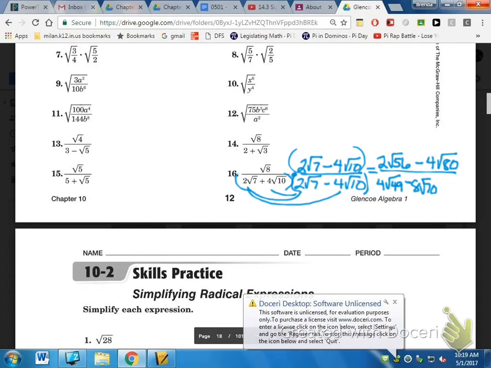Inner, positive 8 radical 70. And last is going to be minus 16 radical 100. Everybody good with that? It's going to turn out, everything's going to become integers there on the bottom. Again, just like the other ones, the outer and inner will be opposites and they'll just go away. We got a lot of simplifying to do here.